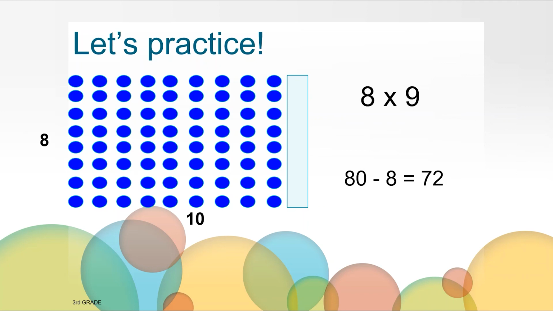So 80 minus 8 equals 72. Remember, this is just one way to think about how we can solve this. What other ways do you think about it?